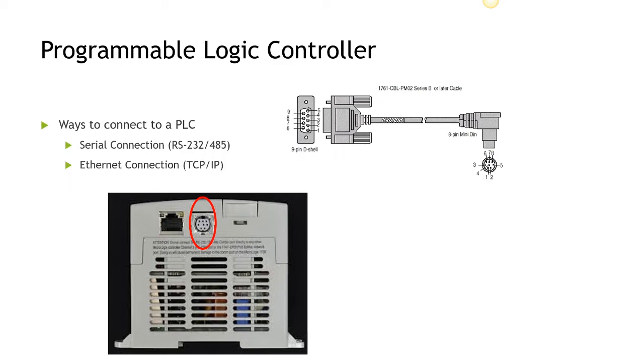Before USB ports were popular on personal computers, they had a serial connection on the side that was called a 9-pin D shell. And so the cable that I'm showing here is the one that Allen Bradley still sells to this day. Believe it or not, they do not sell a USB version of this, even though computers now don't even have a 9-pin connector on them anymore.